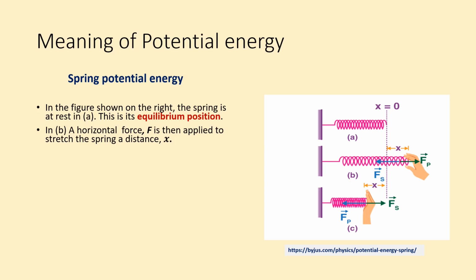Then in the next diagram, a horizontal force F, labeled more specifically as Fp, the green arrow, is applied to stretch the spring a distance x. So on the diagram, Fp means the pulling force that is applied, and x is the displacement from equilibrium.